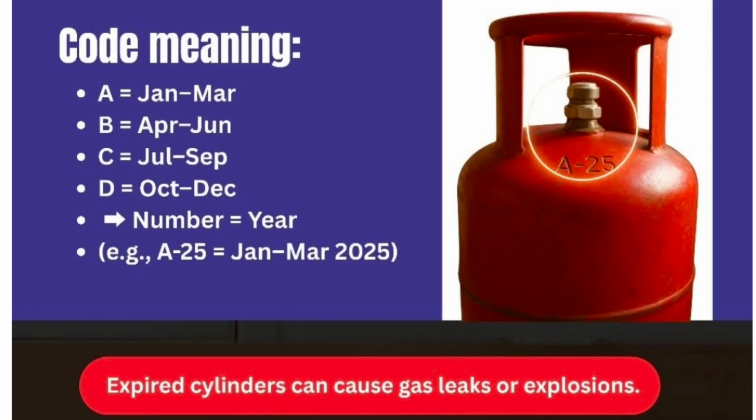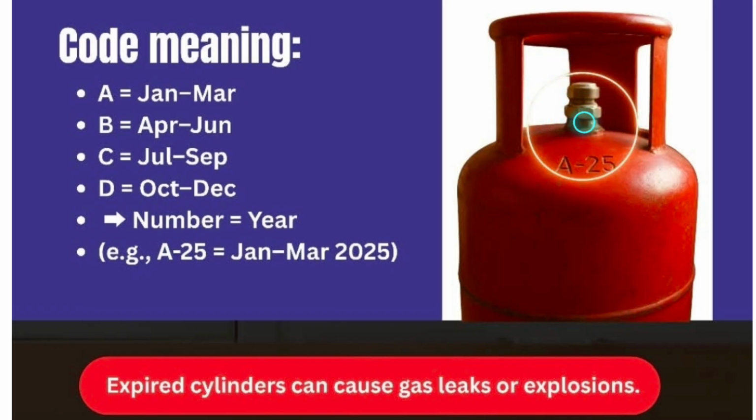Some cylinders don't indicate either DT or MFC, but they rather indicate A, B, C, and D. When you find your cylinder indicating it in that way, for example, here in the picture, as you can see, it's A25.